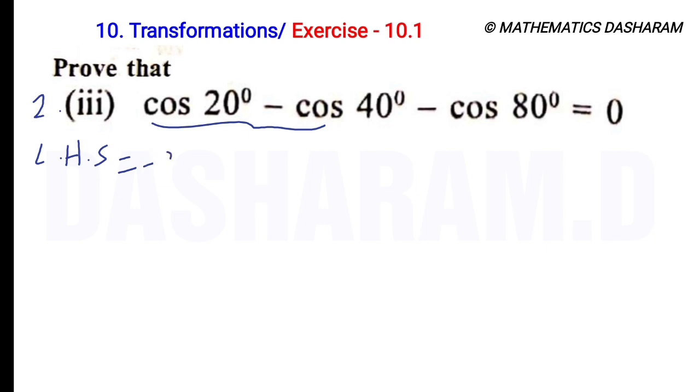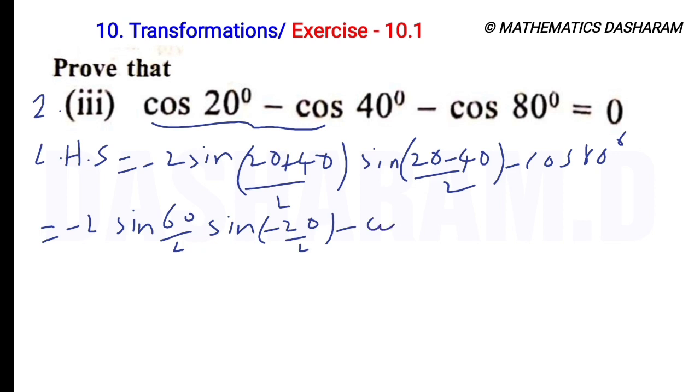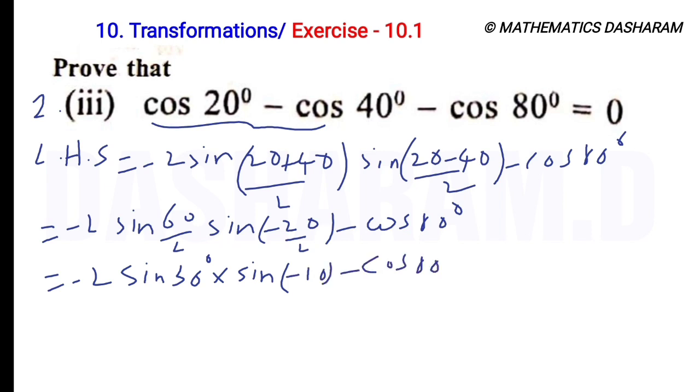So minus 2 sin (20 plus 40)/2 into sin (20 minus 40)/2, minus cos 80 degrees. It is equal to minus 2 sin (60)/2 into sin (minus 20)/2, minus cos 80 degrees. So minus 2 sin 30 degrees into sin minus 10, minus cos 80 degrees.